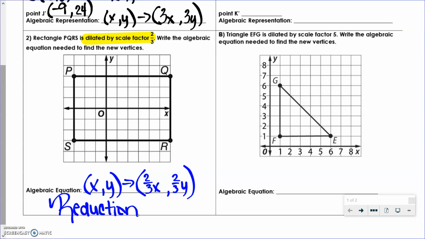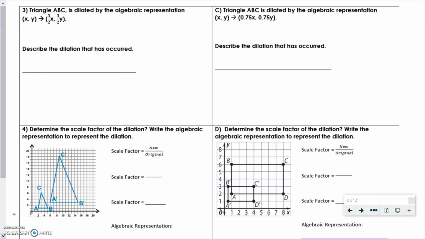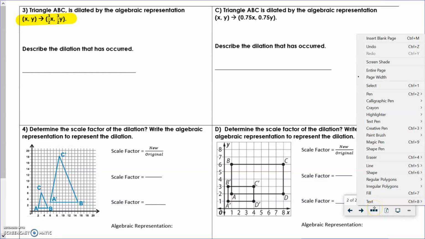So now you're going to go ahead and answer letter B. Triangle ABC is dilated by the algebraic representation x, y transforms into 3/2 x, 3/2 y. That's our algebraic rule. And so we want to decide if this is an enlargement or a reduction.